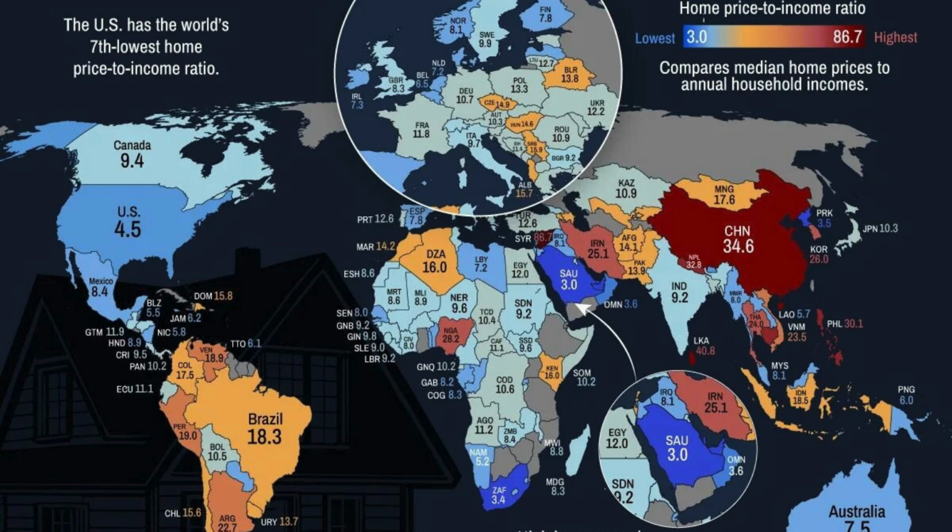And this map was created on July 13th, 2026. They created a map on price to income ratio.